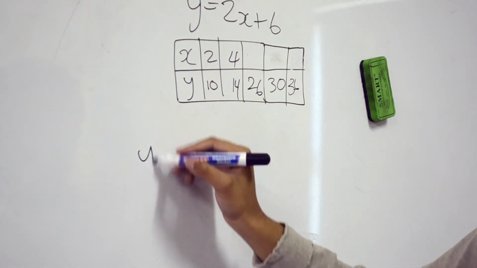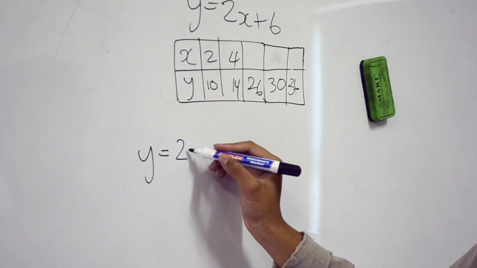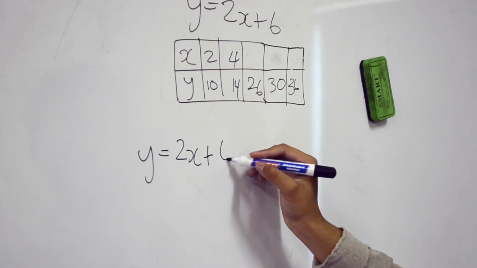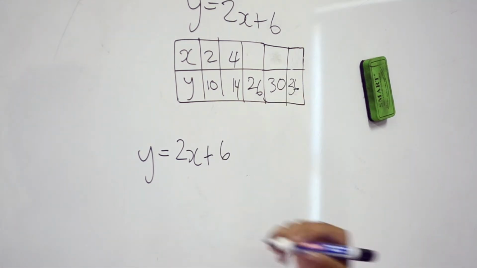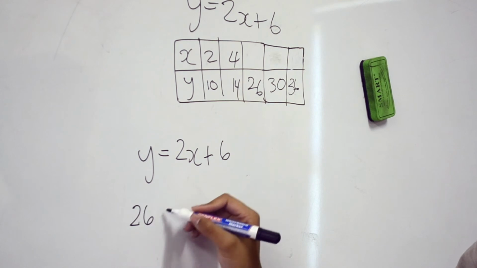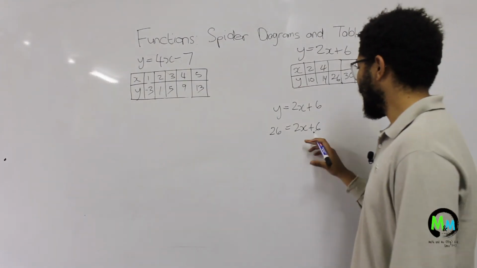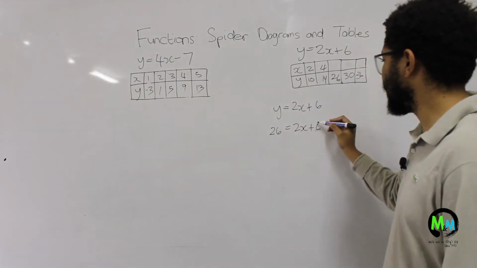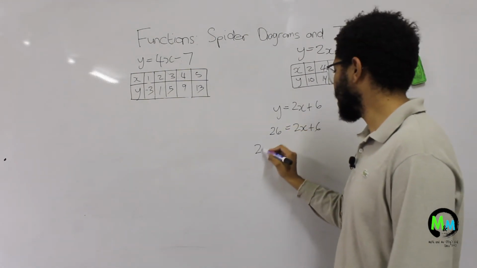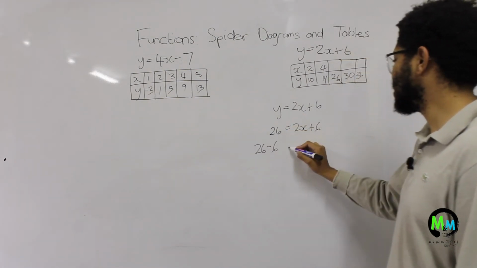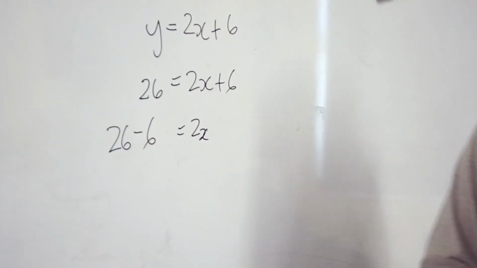Okay, so let's say y is equal to 2x plus 6, and I put 26 wherever I had y. So 26 is equal to 2x plus 6, and I'm now going to take that plus 6 over, and it will now be 26 minus 6 is equal to 2x.